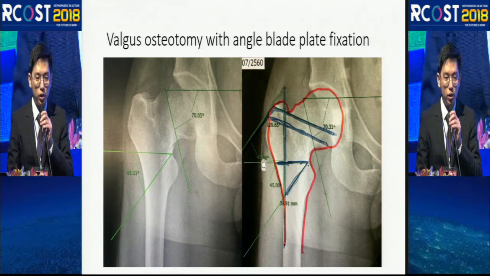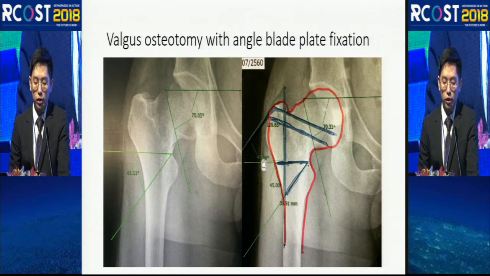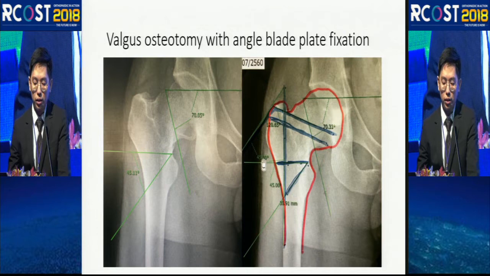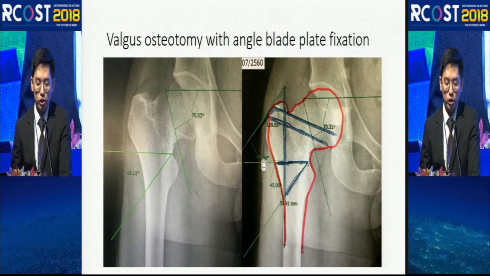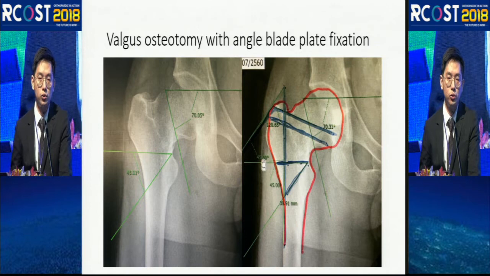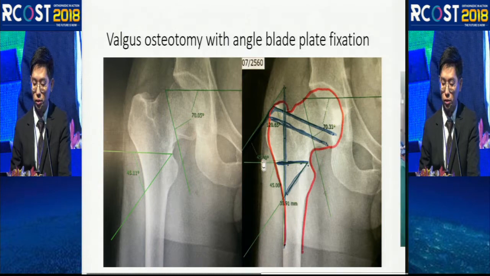We decided to make a correction of about 45 degrees by cutting the neck of the femur, and we tried to change the Pauwels angle from Pauwels 3 to at least Pauwels 2, or 1 if possible.